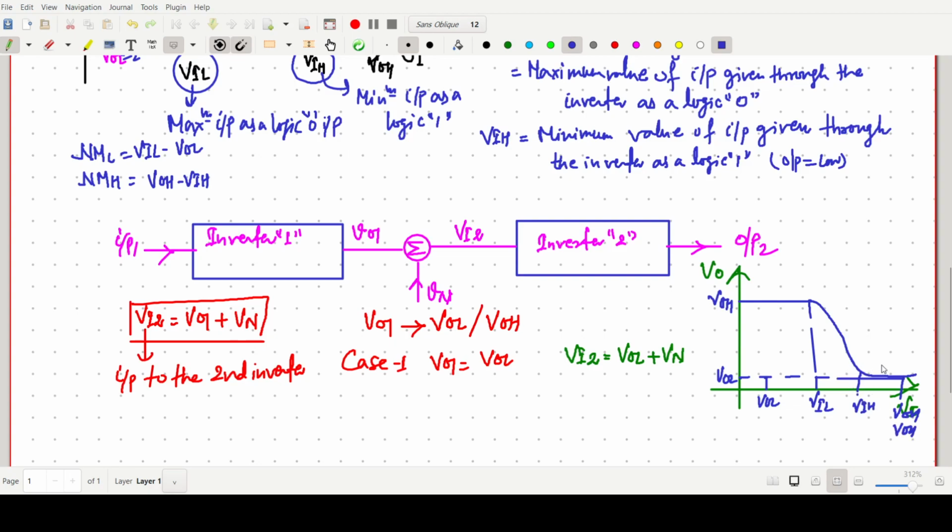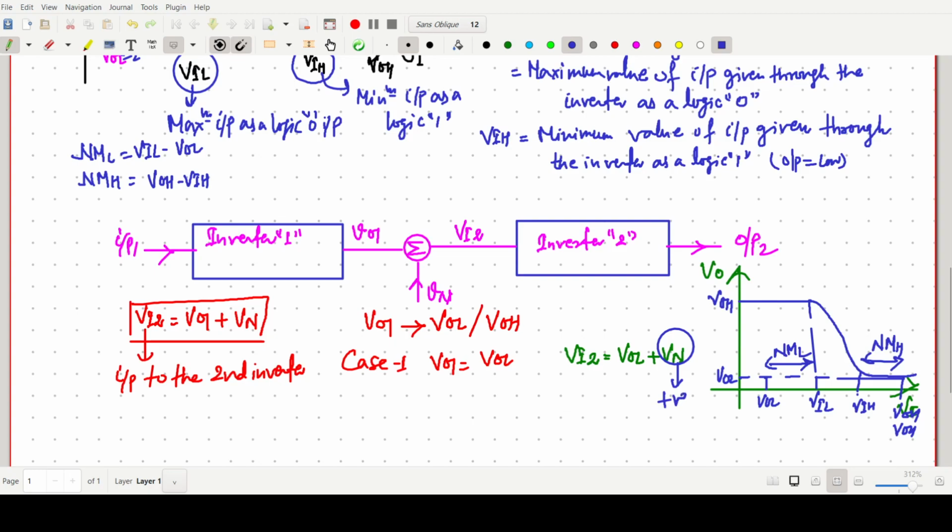Very simple. This one is our NMH, and this one NML.